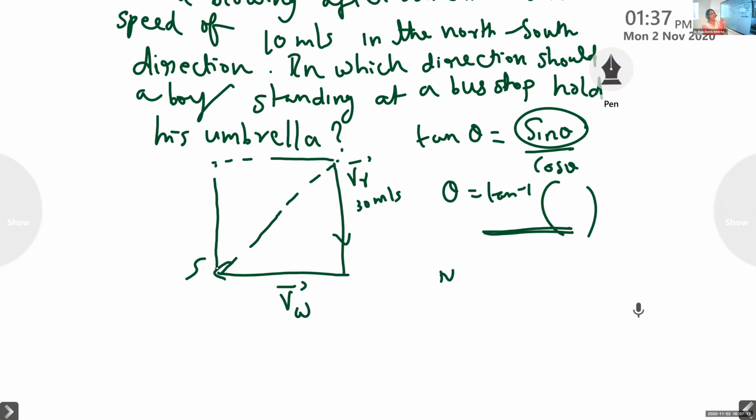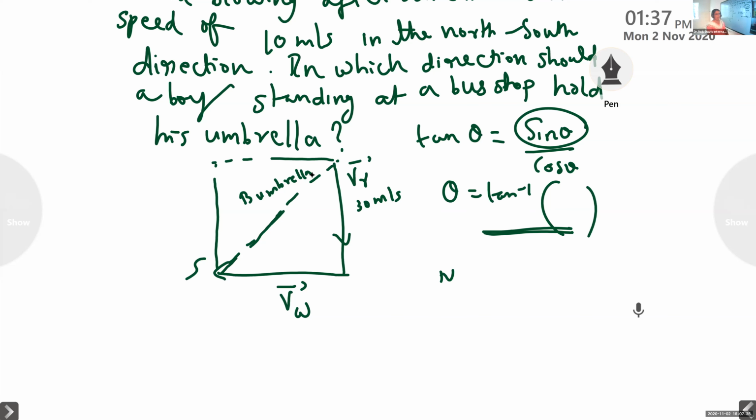In that we learned an equation for the angle theta, the same thing we are using. So if you extend here, this is the resultant vector at which the boy should hold the umbrella. That is the condition.